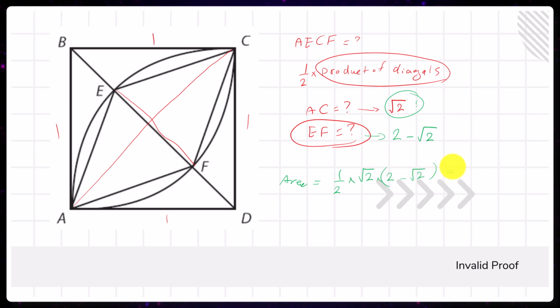Now, there are many ways to calculate this. You can just do this easily. However, in tests like the GRE, or any kind of exam, you want to do them as fast as possible. And in order to do that, there are different ways.